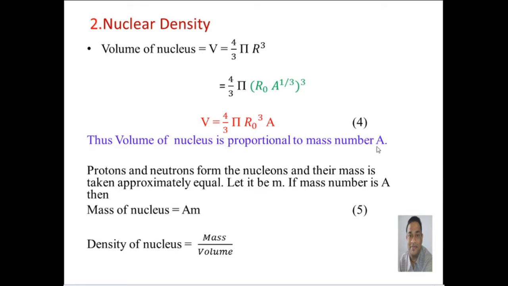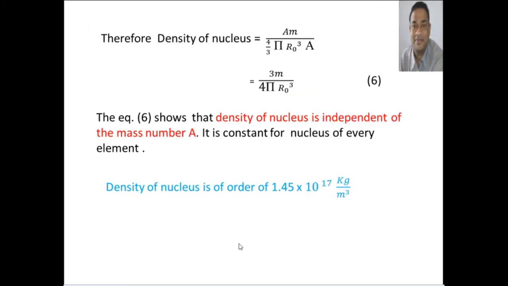Now, by using a very simple relation, that density is equal to mass per unit volume, we can put in the values for a nucleus and we obtain that the density of a nucleus is equal to 3m divided by 4π r0³. What is seen from equation 6 is that the density of a nucleus is nearly constant.